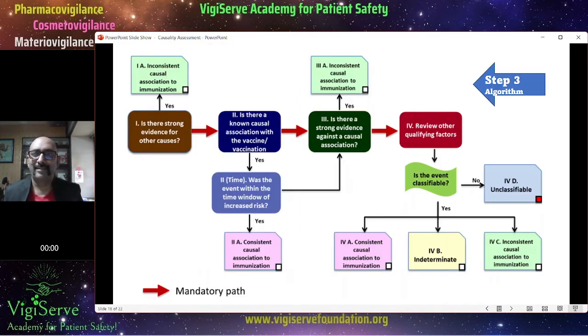Then once you get all the information, here is a flow chart or an algorithm: is there a known causal relationship with the vaccine? If yes, then what, and so on. I wouldn't go deep into it, but I can share the link to this, so that you can read it further.